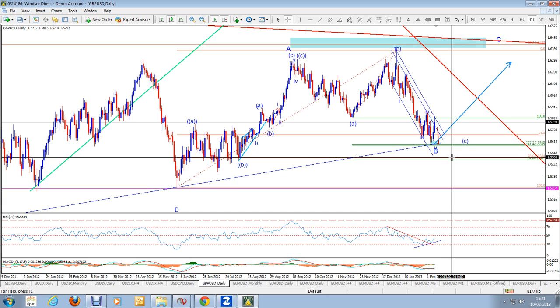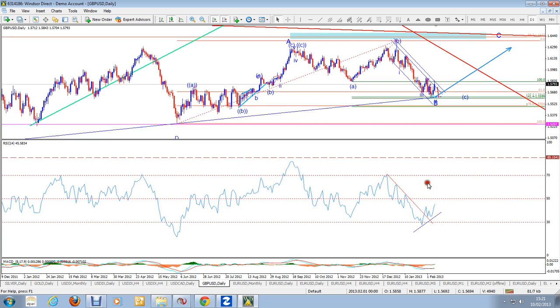Okay, so if the 5-wave correction to the downside, we can see on that daily chart we have a clear divergence now, even higher high on the RSI. I think the bottom is in. I would not be too sure of that, because we might still get a proper divergence, right?